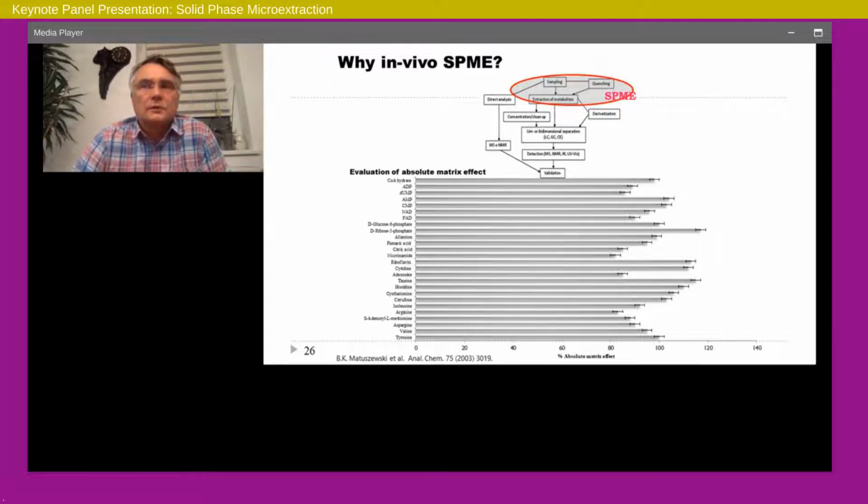We equilibrate the coating with the system and then pick it up. If you make this coating in the form of a coated fiber, it can be very small, so you cause minimum damage and you don't take any tissue out. You just take chemistry out. So Barbara will explore this approach further and give you some applications.